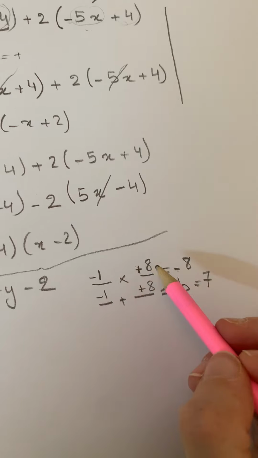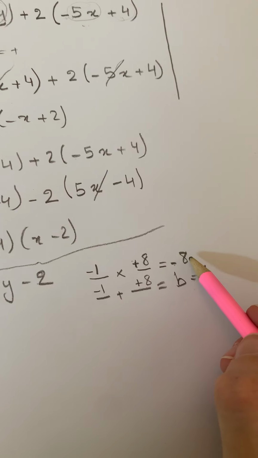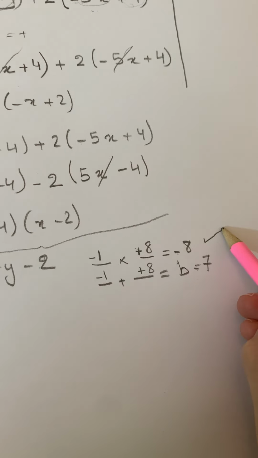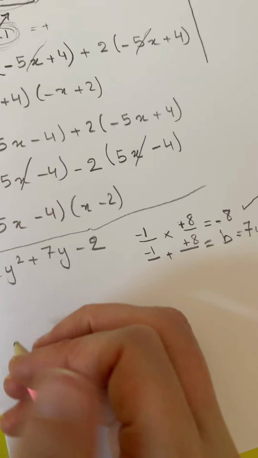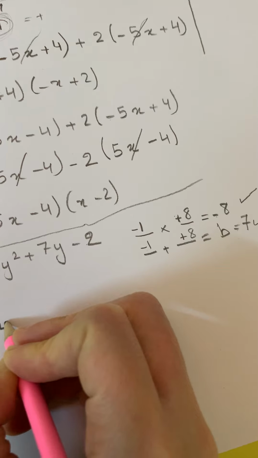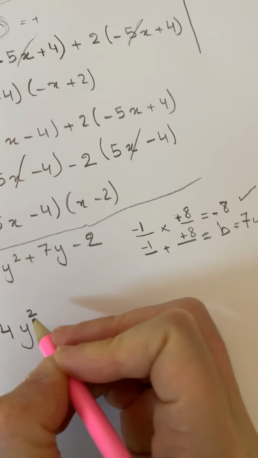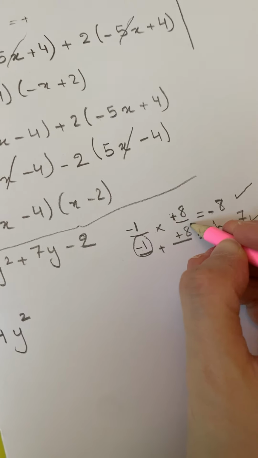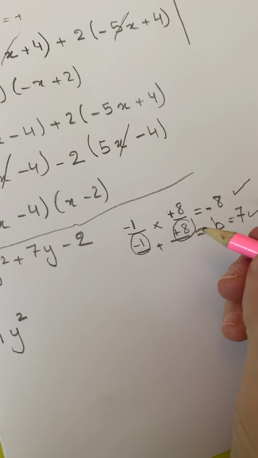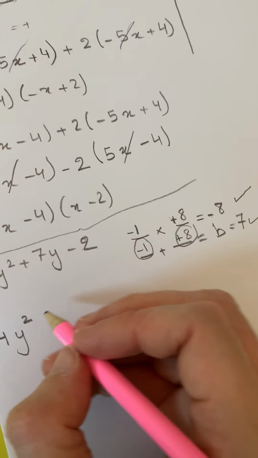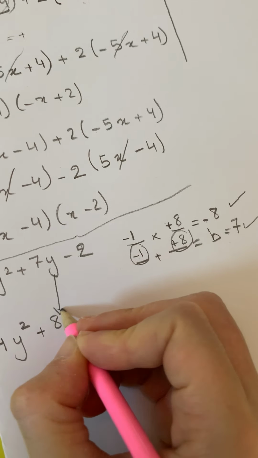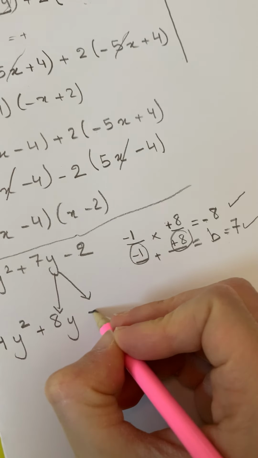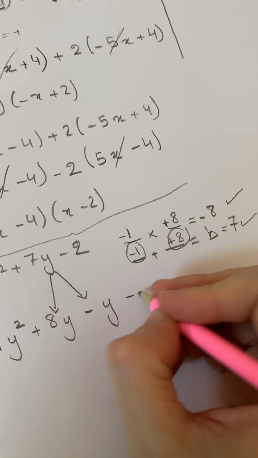Now let's see, negative 1 multiplied by positive 8 is negative 8, right? And if I add them, it will be 7, correct. Now let's write them. 4y squared, so the numbers I'm looking for are negative 1 and 8. So 4y squared plus 8y, I'm breaking down this one, minus y minus 2.